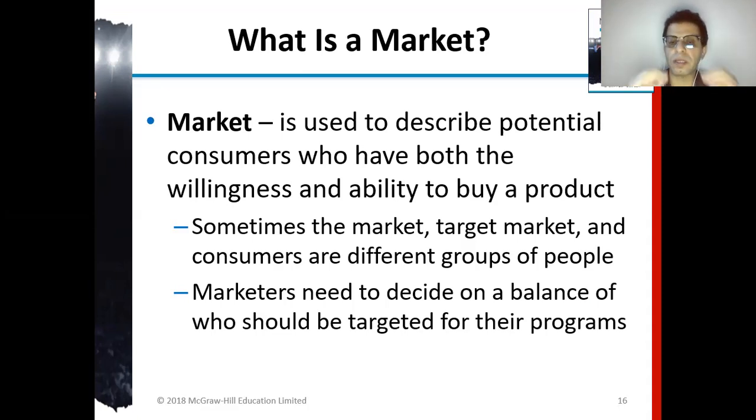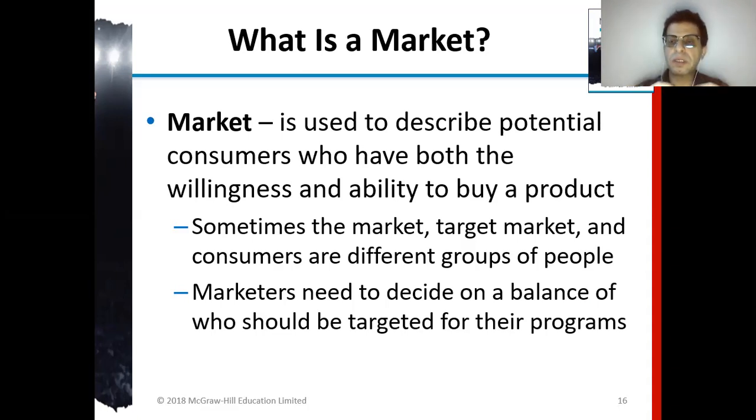Sometimes the target market and the consumers are different groups of people. Marketers need to decide on the balance of who should be targeted for their program. For example, toys. You are trying to sell toys, and who's playing with these toys? The kids.